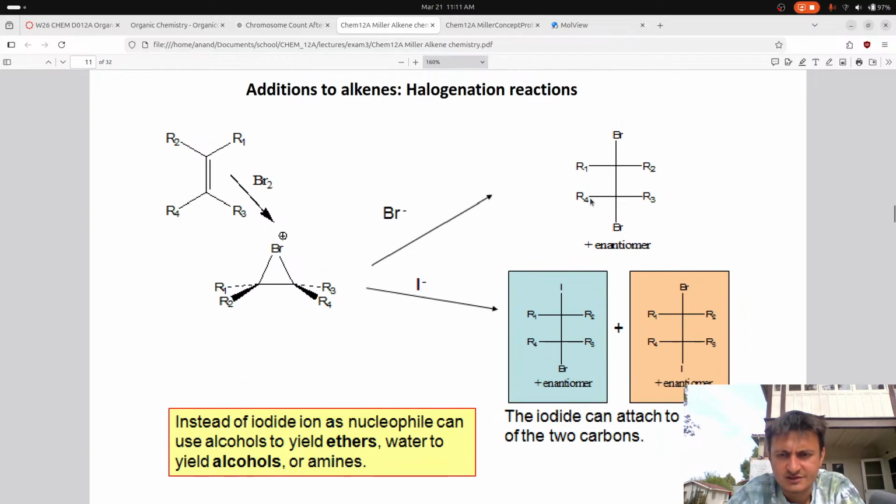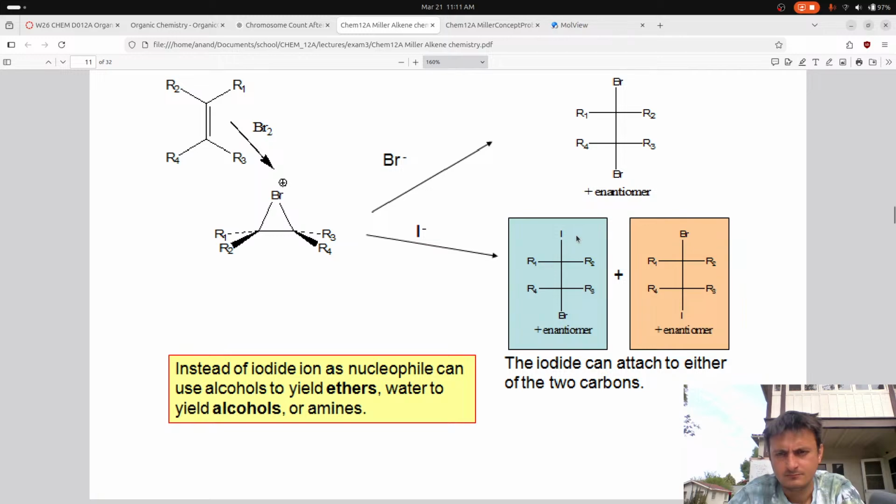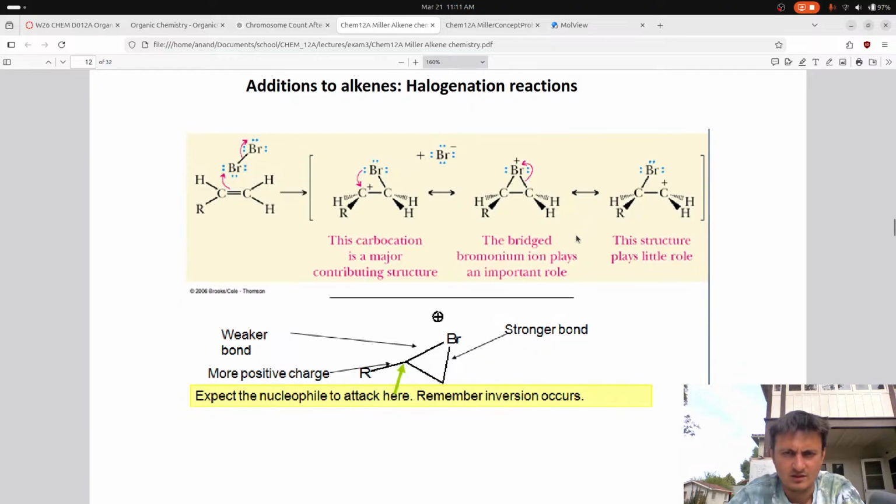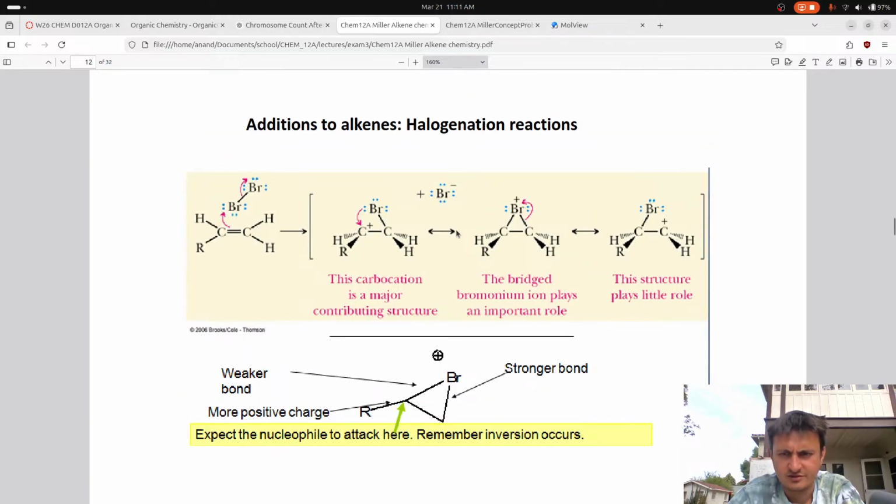I don't really know what this slide is talking about. Another picture of the mechanism.